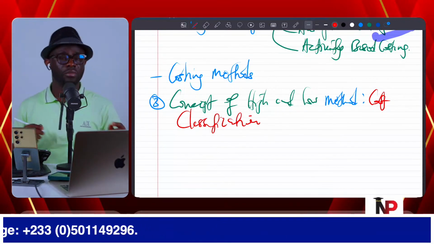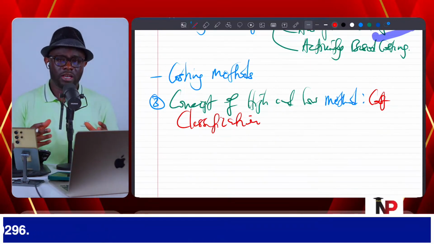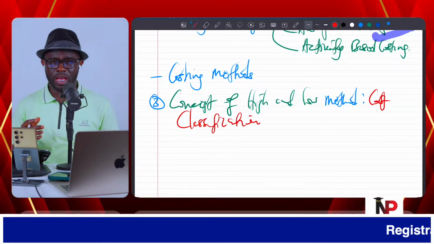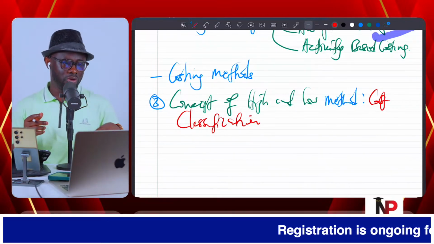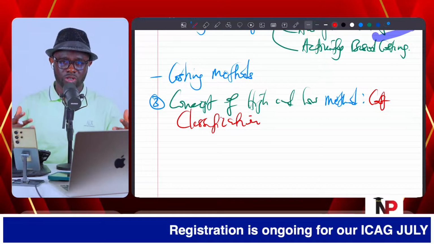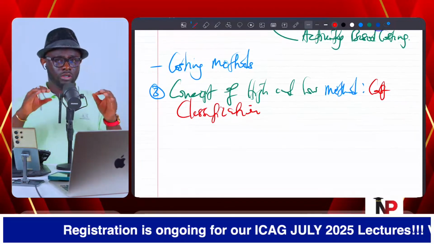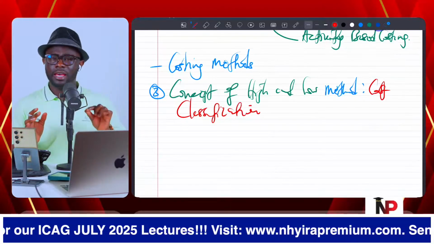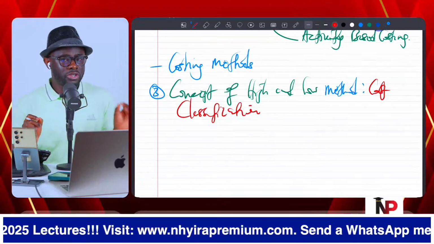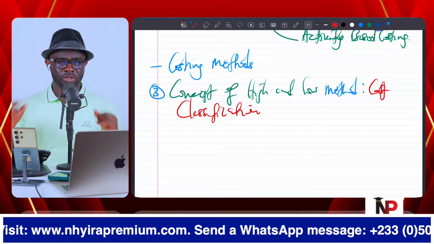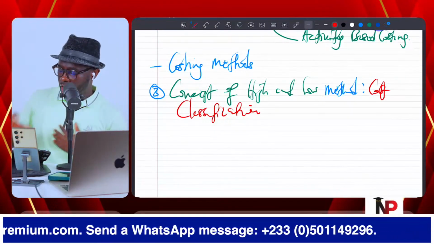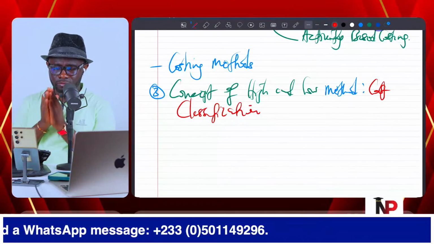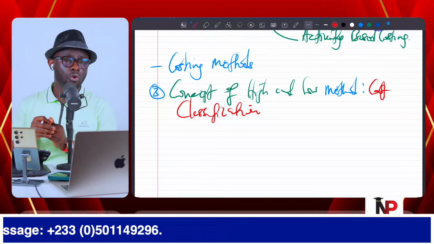Cost can be classified according to behavior, according to function, according to nature, those kinds of things. So the topic cost classification, you must know about it. Again, it is not in your management accounting syllabus, but you have to know about it before you get into the exam hall.